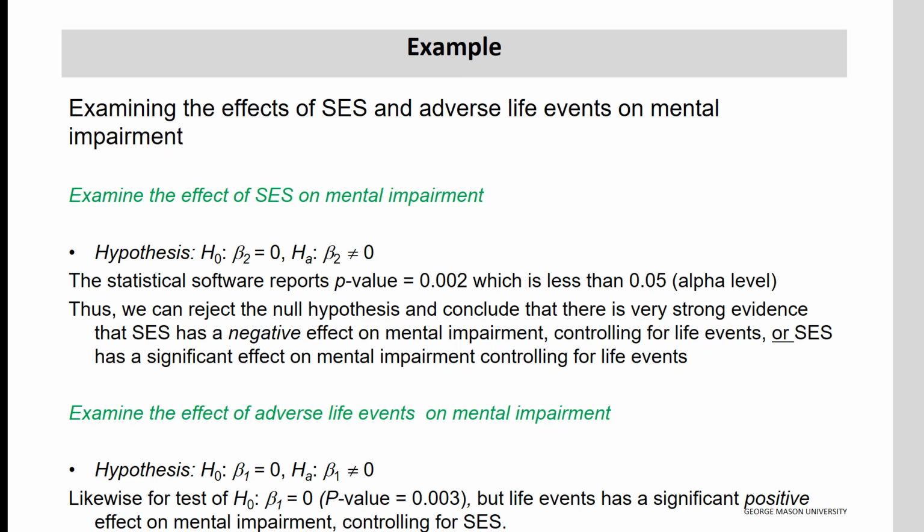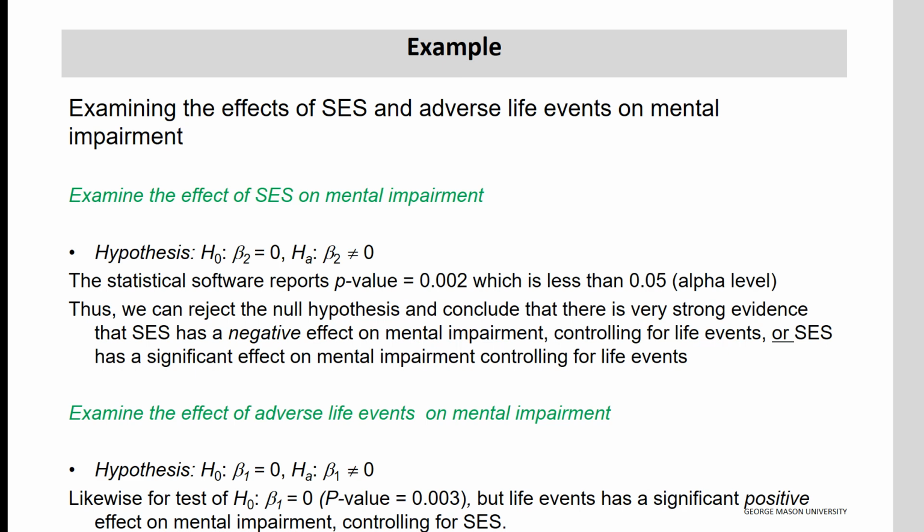In regards to the effect of adverse life events on mental impairment, you set up the hypothesis in a similar manner, where simply the null would say that adverse life events has no effect on mental impairment versus beta 1 being different than 0, which indicates that adverse life events has a significant effect on mental impairment.